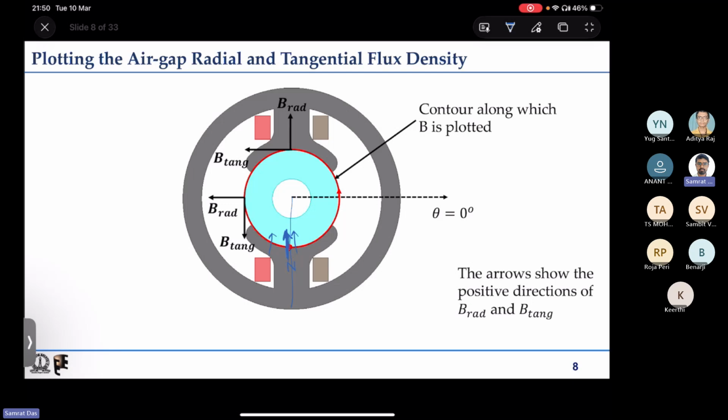And what about the tangential component sign? Because we are moving in the anti-clockwise direction, if the direction of the tangential component of B is along the anti-clockwise direction, it will be considered positive. If it is opposite, it will be considered negative. That is about the convention.